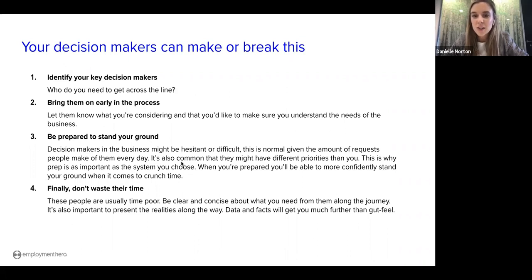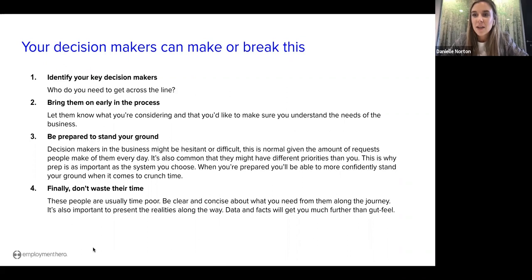And then more importantly, once you've really championed a product and you're really excited about bringing something on board, this third point is super important. Be prepared to stand your ground and have the whys as to why you're pushing for a particular product. They might have some pushback, they might be a little bit hesitant, especially if you're going from a quite manual, maybe paper-based process, and you're bringing on technology for the first time.